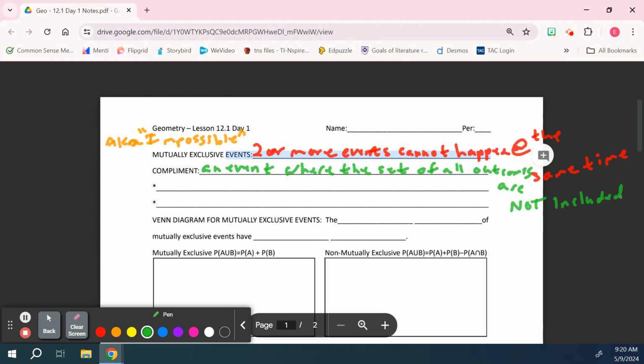So we'll get a little bit more into that. Again, I'm just kind of giving you some meat and potatoes before we get into the actual math of it, okay? There's just a lot we need to know.